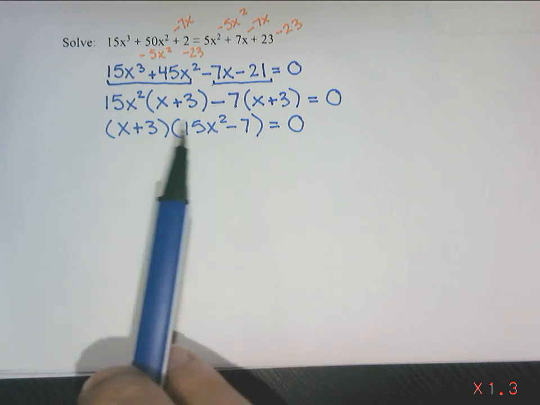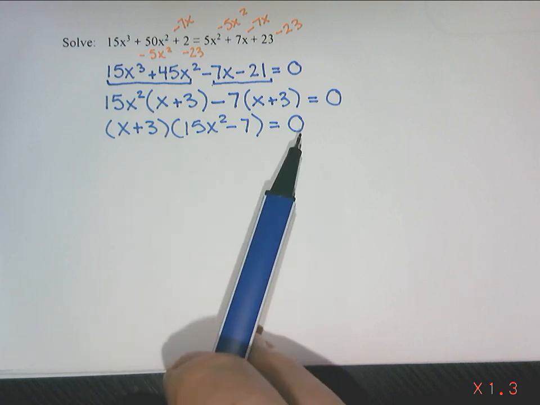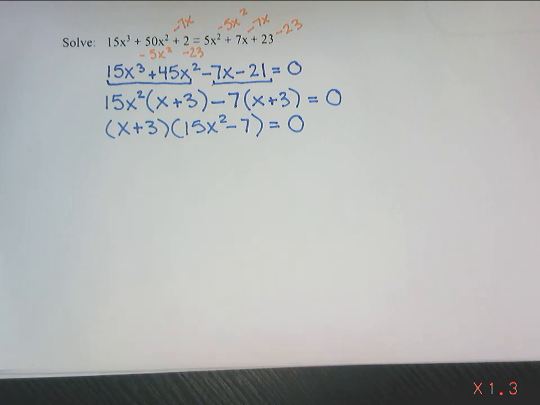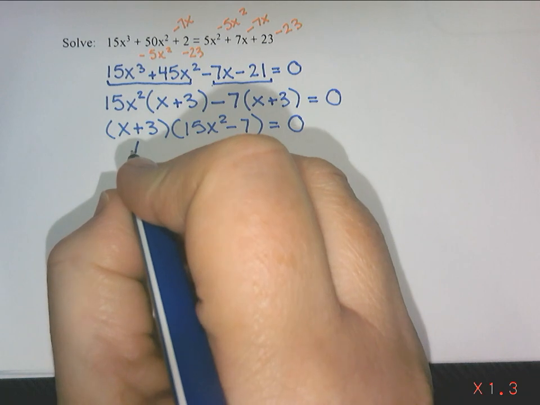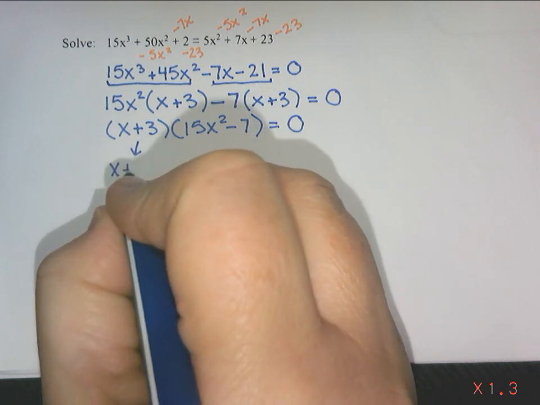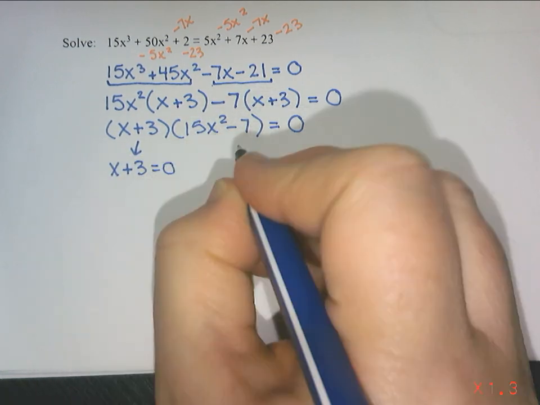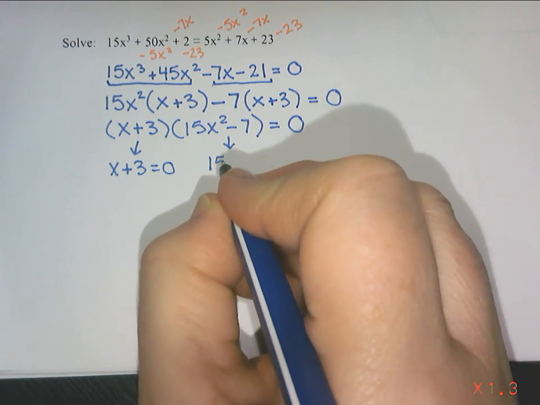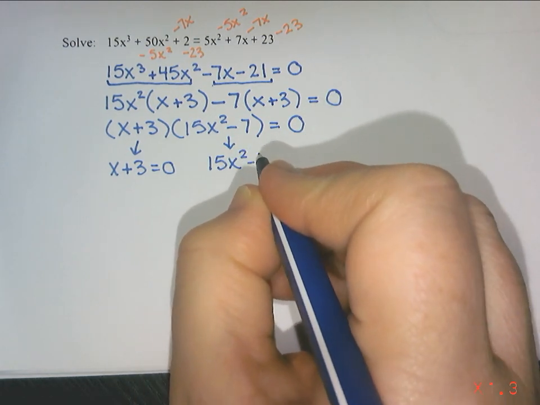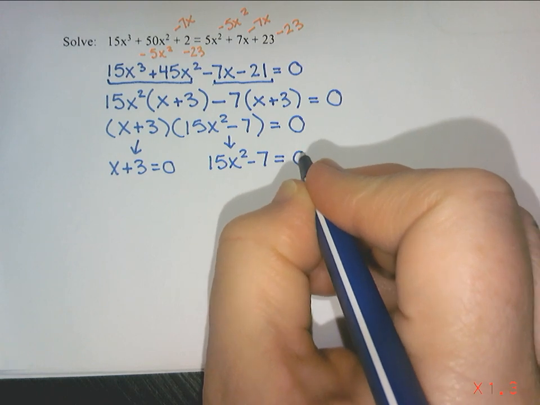If I multiply two things together and we're getting an answer of 0, one of them has to be a 0. So either x plus 3 equals 0, or 15x squared, take away 7, equals 0.